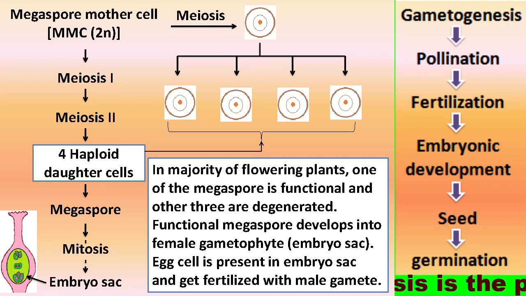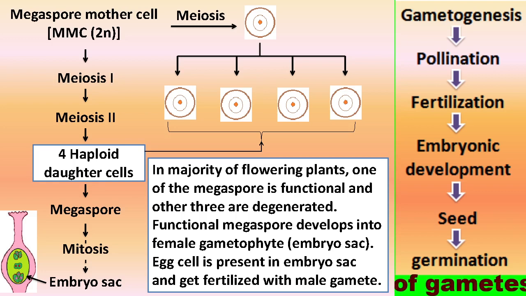Megaspore again undergoes mitosis, and there will be production of an embryo sac which contains 7 cells but 8 nuclei. So this embryo sac contains 8 nucleated 7 cells.